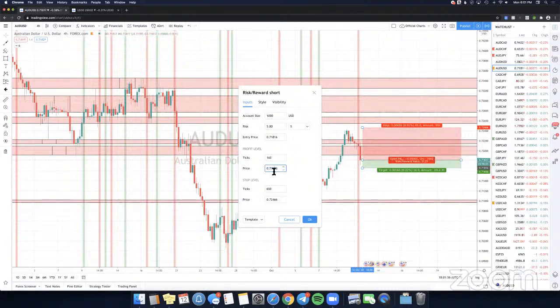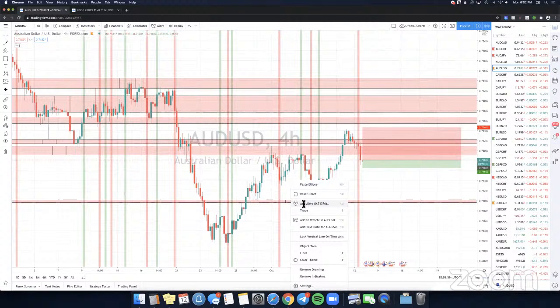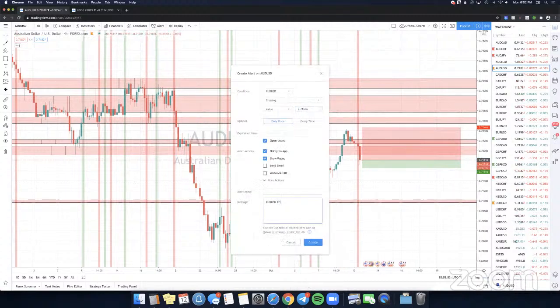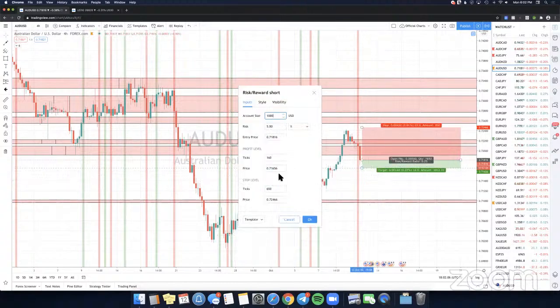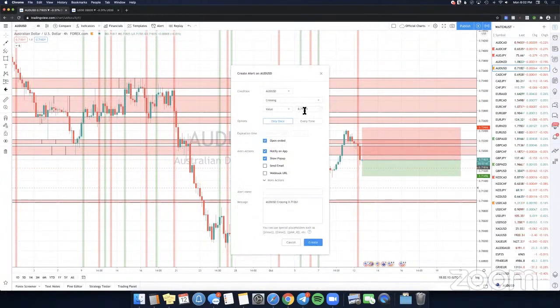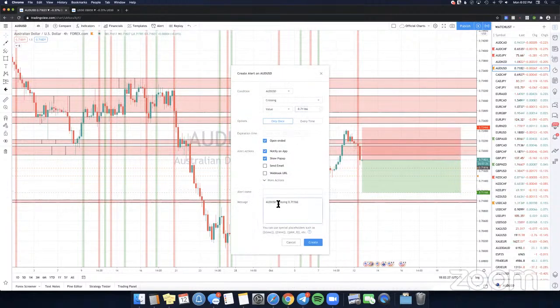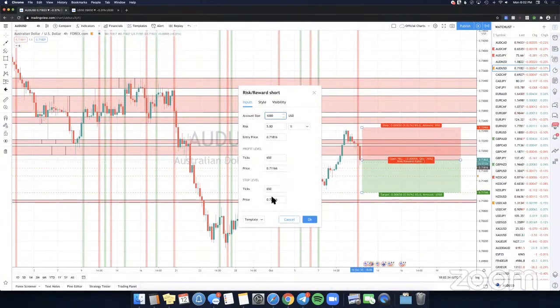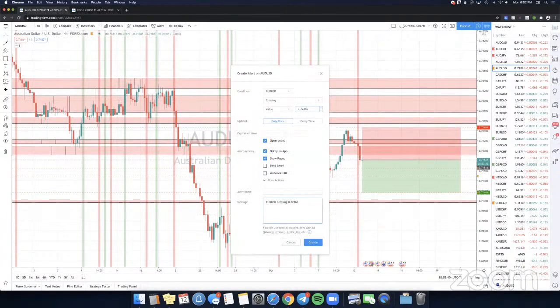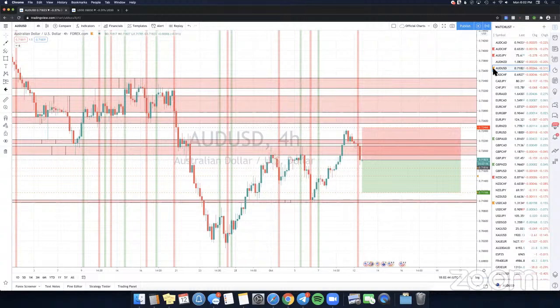What I'm going to do now is set my alerts. 116 pips. 32. Got those set up.